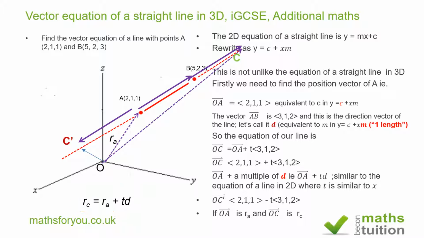So what we then got is that r sub C is equivalent to our y in 2D geometry, and r sub A is equivalent to c, and td is equivalent to xm in 2D geometry.